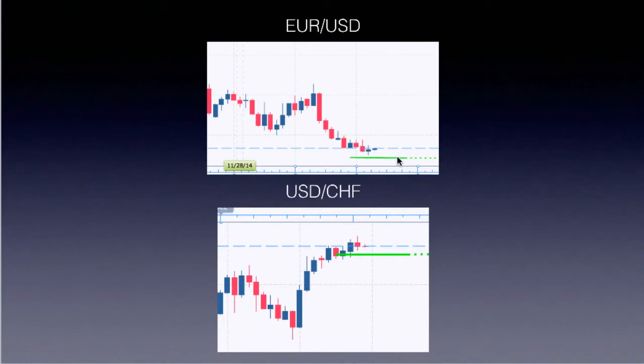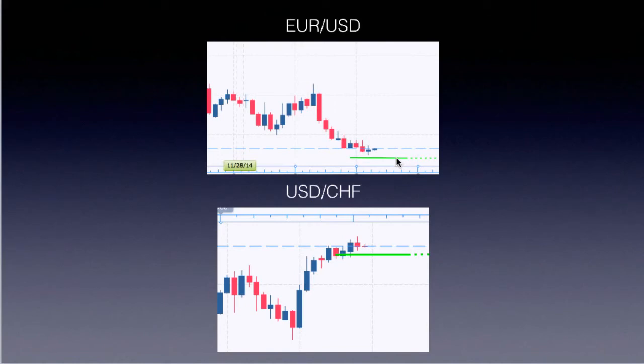But because these two pairs move in what I call opposite directions, meaning if one pair is moving to the upside or increasing in value, the other pair typically is doing just the opposite. So if you remember on the previous chart, the euro was moving to the downside while the US Swissy was moving to the upside.